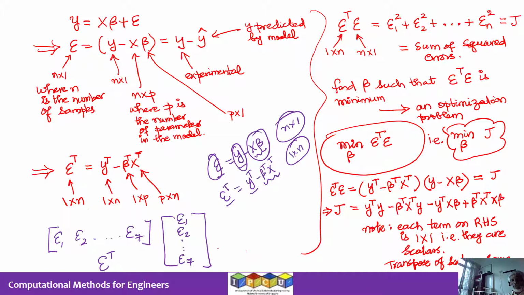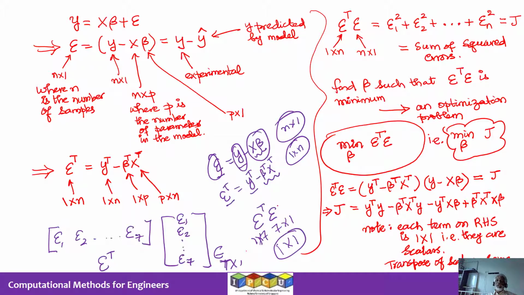This is epsilon, which is 7 by 1. So if you multiply epsilon transpose with epsilon, it is going to be 1 by 7 multiplied with 7 by 1. The result is a 1 by 1 entity. So epsilon transpose epsilon is a 1 by 1.